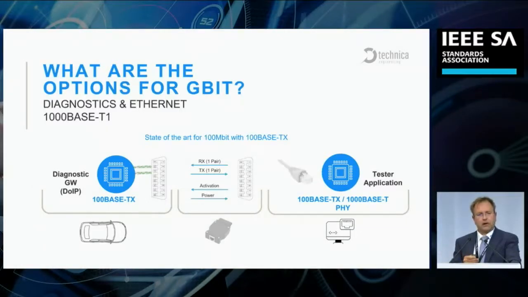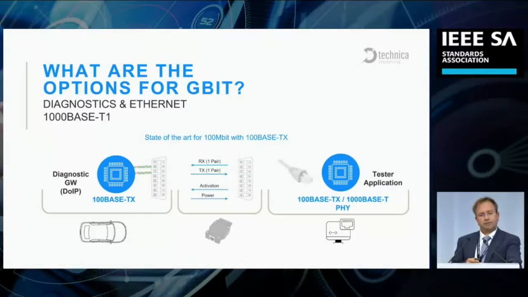First, before we go to the 1000BASE-T1 use case, we still look at today's state-of-the-art 100 megabit solution. What you see, and that's important to understand the big picture here, on the left side, you see the diagnostic gateway with two twisted pairs of cable directly connected to this diagnostic interface, the OBD connector, inside the car.